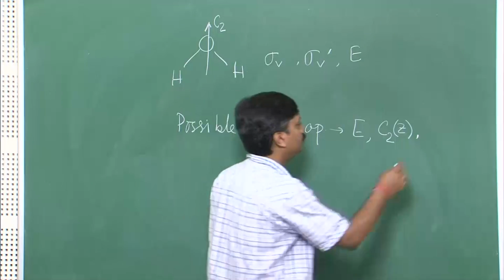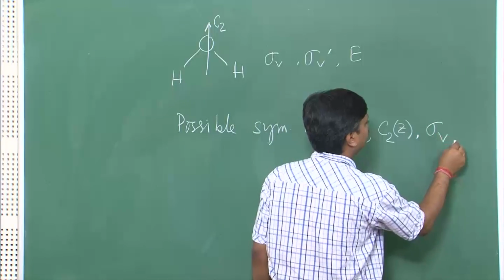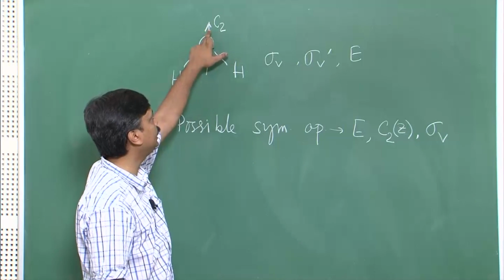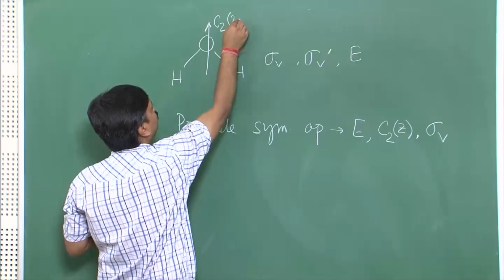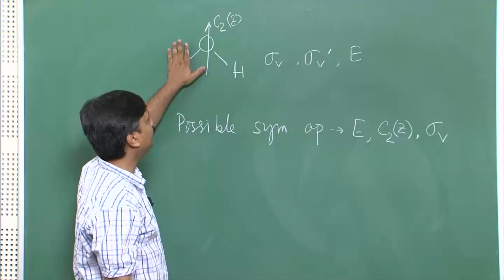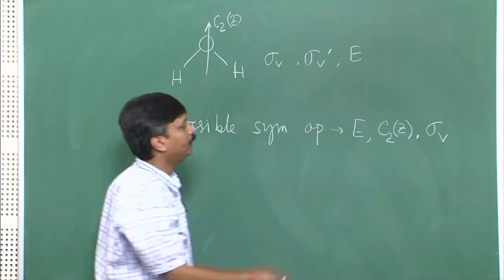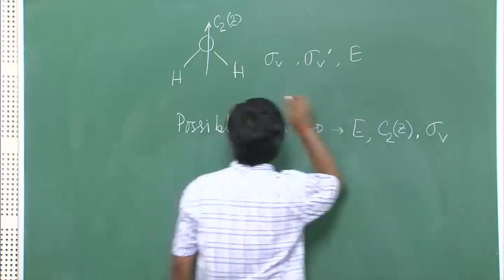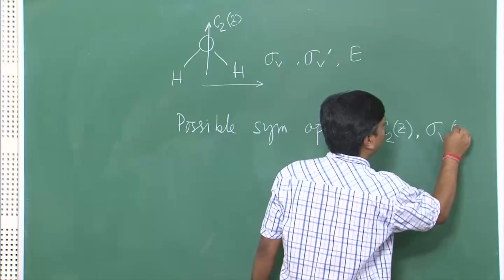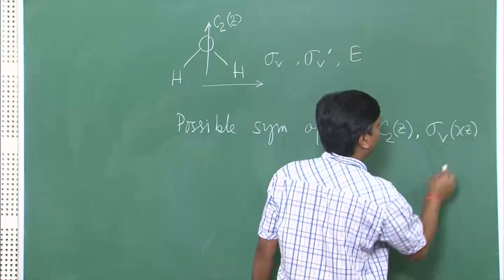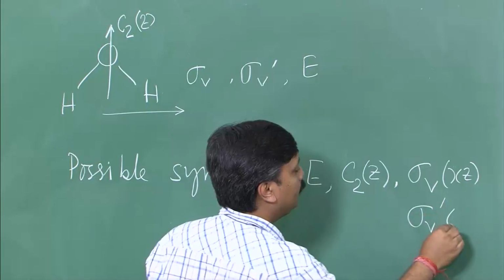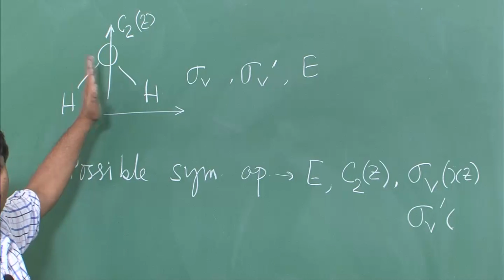Other than that, you have sigma v. This one also you can specify. If I take this axis as the Z axis, I call it C2Z, and the plane which contains the molecule, if that is the XZ plane, then that will be called sigma XZ, and the sigma v prime will actually be the YZ plane.